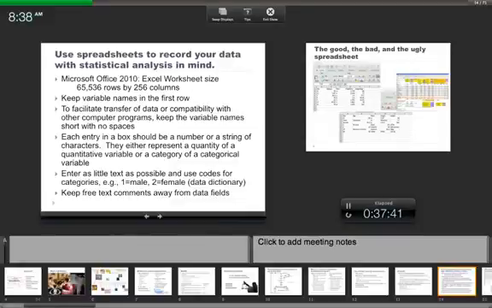So with Microsoft Office 2010, the spreadsheet has a limitation of about 65,000 rows by 256 columns. Okay, that's a whole lot of data. But usually, in everyday applications, that's very adequate.